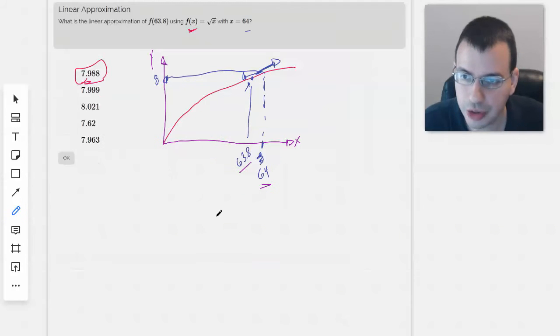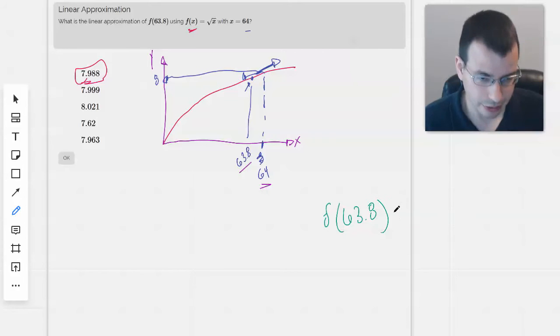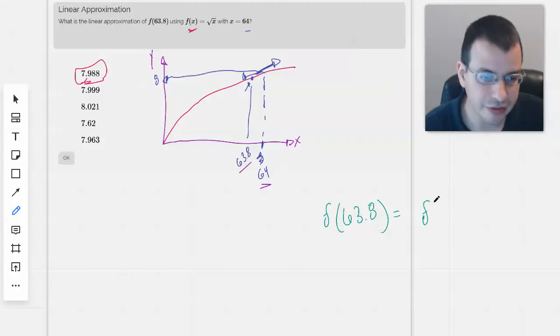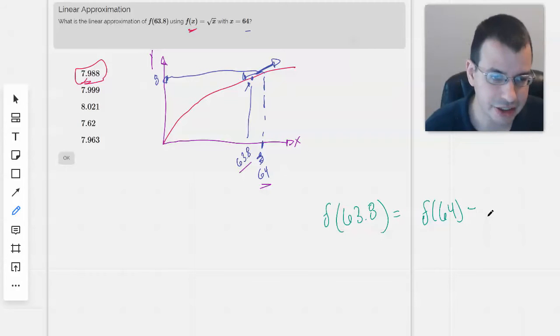One thing we could think of is f of 63.8 equals f of 64 minus delta x times dy dx.